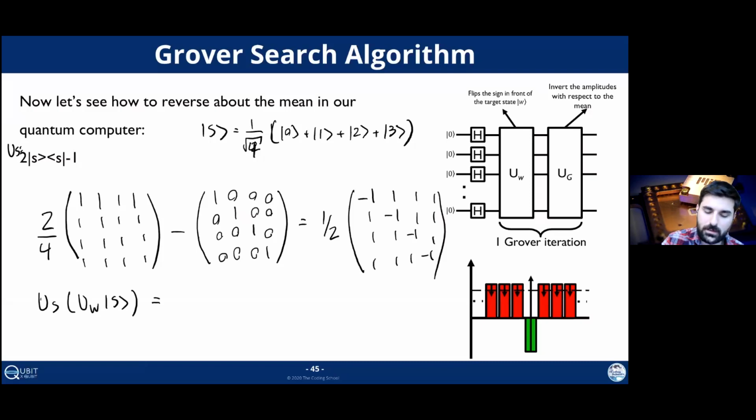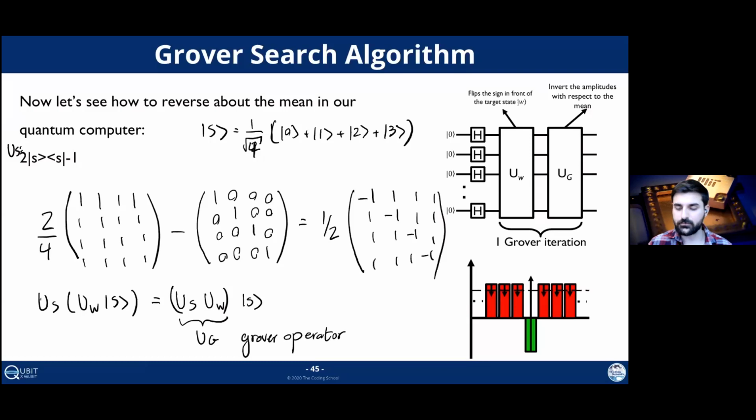And now I can write this as U of S times U of W acting on the S state. I can just bundle these two operators up, multiply them, and call them U of G, the Grover iteration, or the Grover operator. And that is what we have here when we say one Grover iteration.